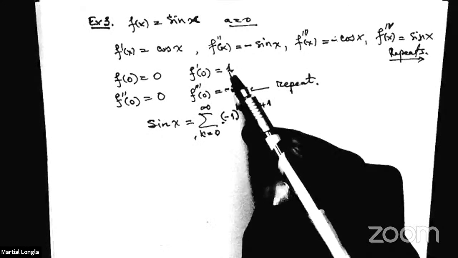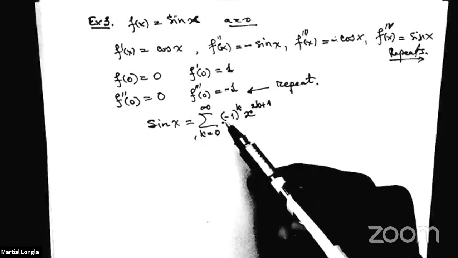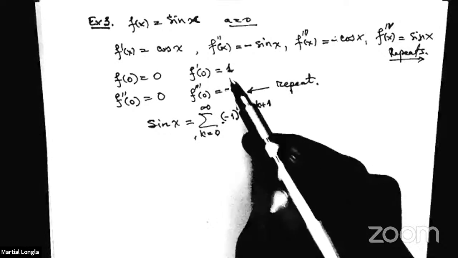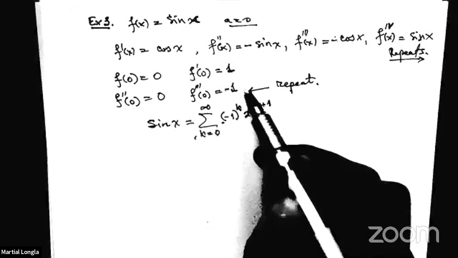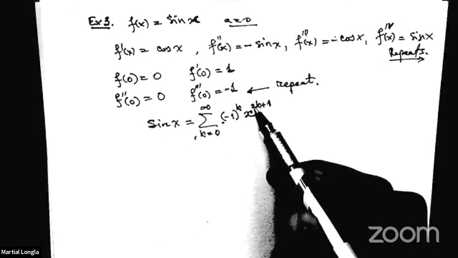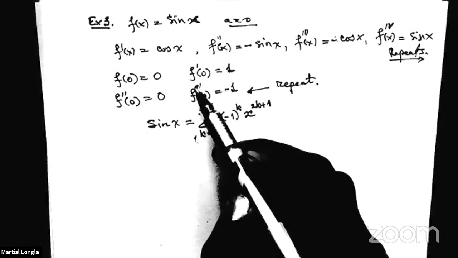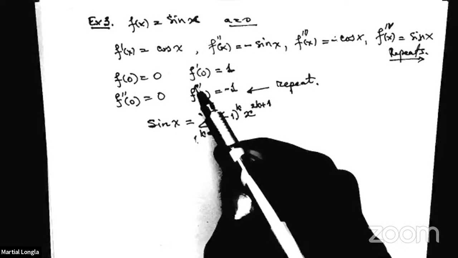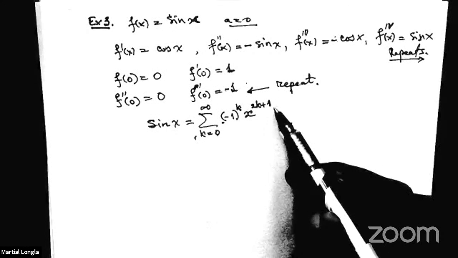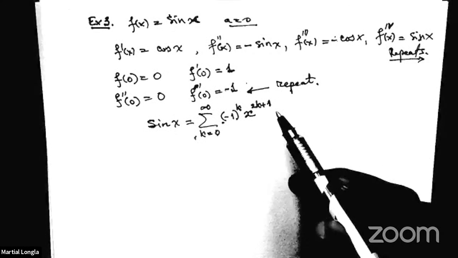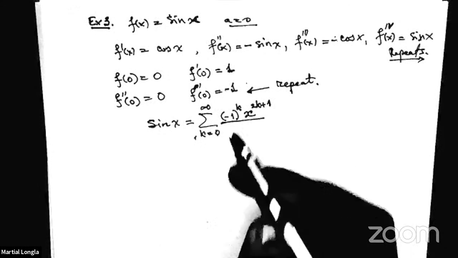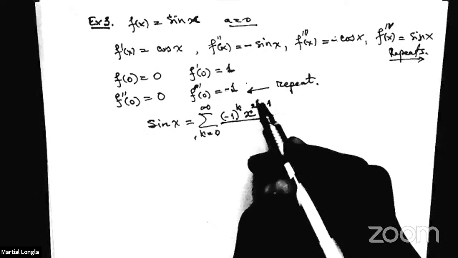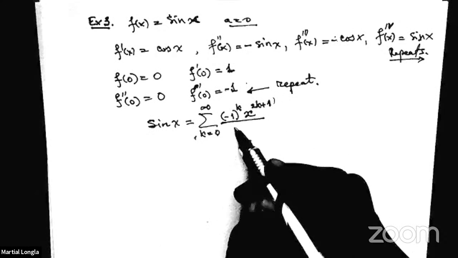for the first derivative. K is 0, so it's x because first derivative. For the third derivative, k is 1, and we have the third derivative goes with x cubed. That's why it's x to the power 2k plus 1, with k being 1 to justify that. And then divided by the factorial of the power you have here.